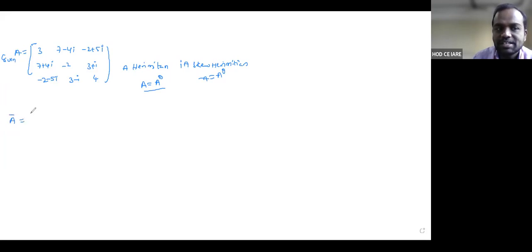The conjugate matrix is obtained by changing only the sign of the imaginary part. So 3, 7 minus 4i is there; i is the imaginary part, and its coefficient sign is minus, so we change the coefficient: plus 4i, minus 2 minus 5i.